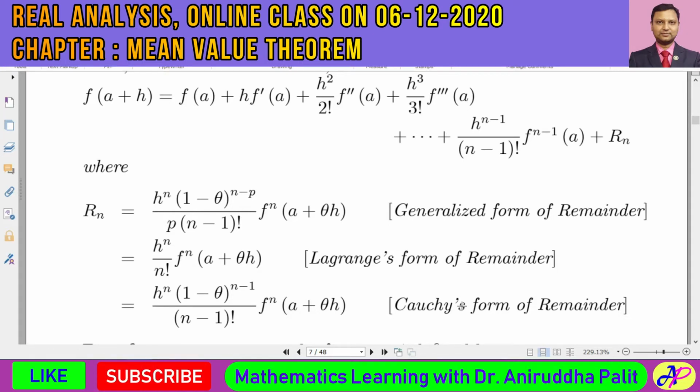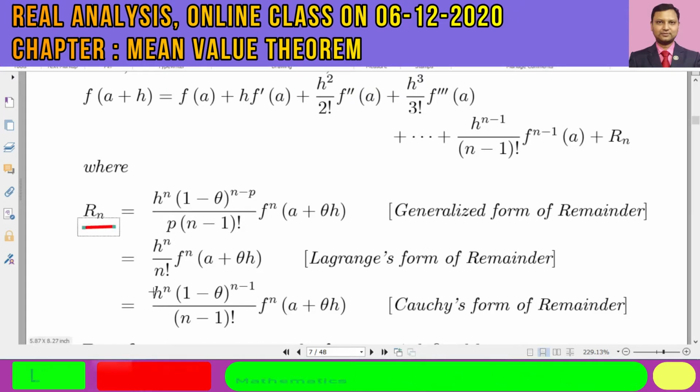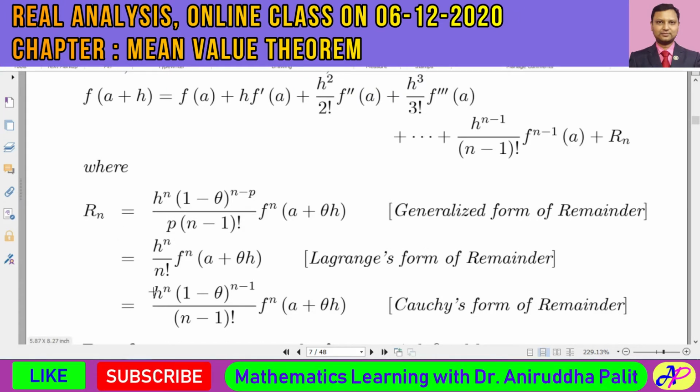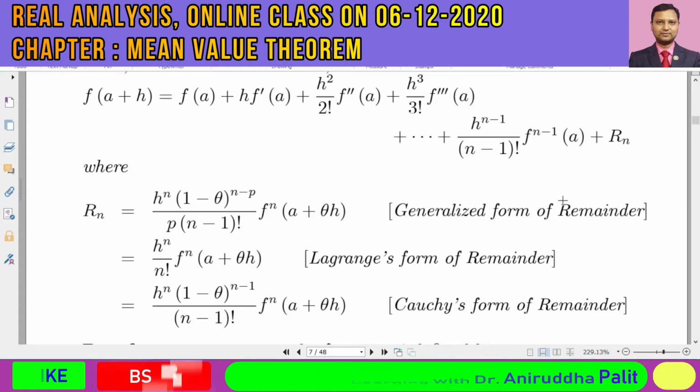So that is all about the change in the value of theta.